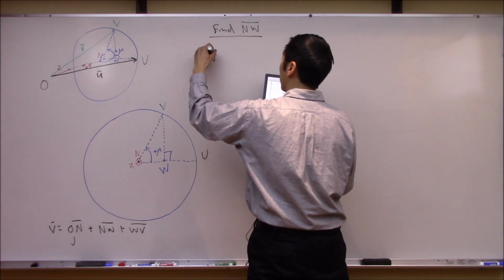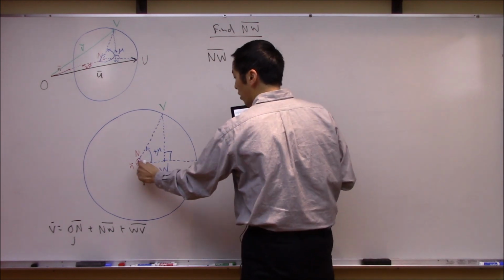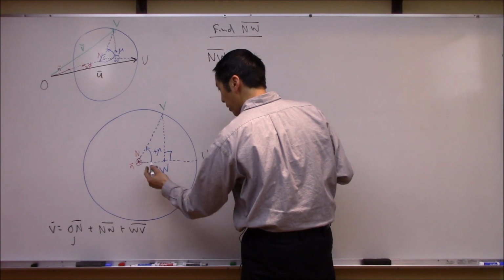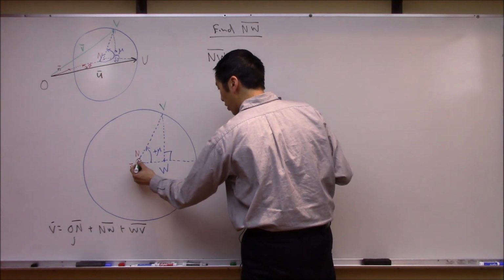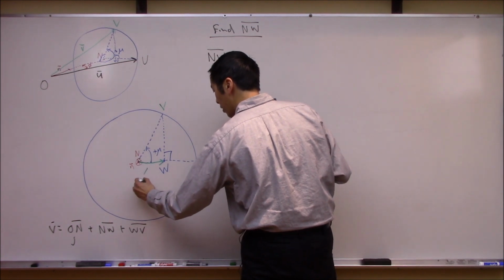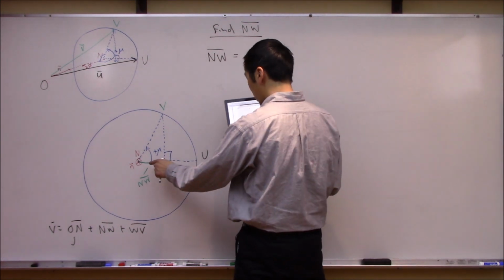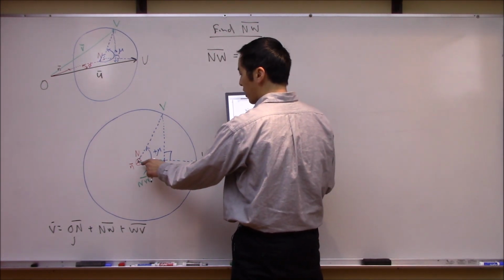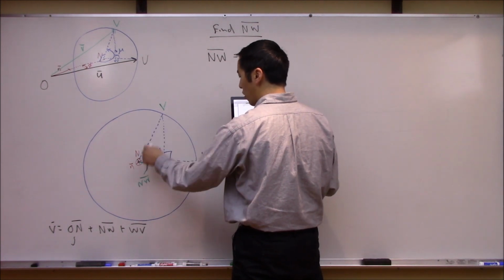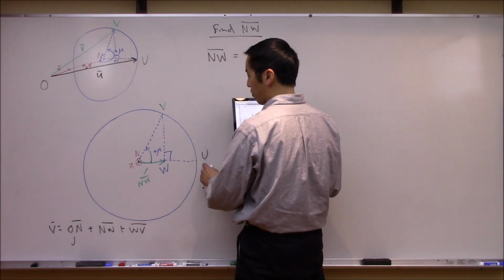Because we can see here that let's do the same thing we did earlier with our vector projection here. So if you look at this, here's the vector NW. So it's this little section right here. Maybe I'll kind of draw this in green so we can see the vector we're talking about here, right? Here's the vector NW in green, right? Okay, so if you look at this, this isn't so bad, because this is actually the vector projection of NV onto NU, right?